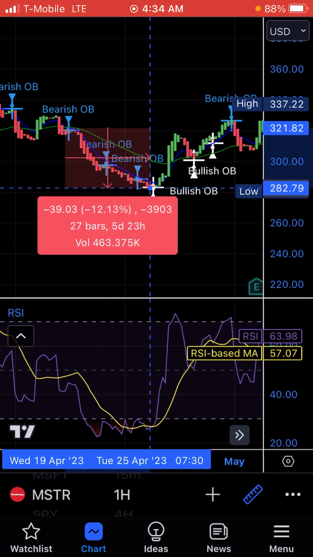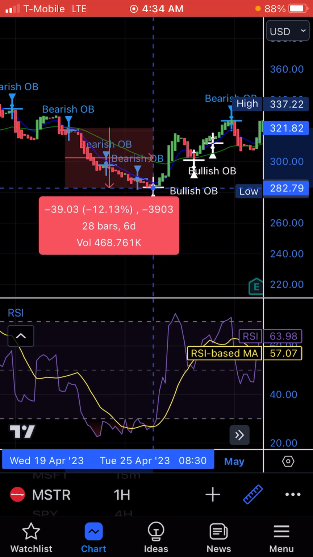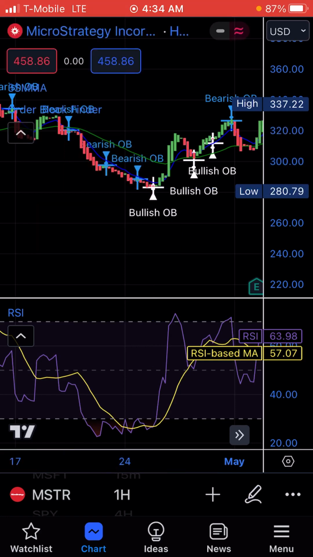You write out from here to here. This is 6 days. It's a $39 difference in price. You make $100 for every dollar that you write, so this is a $3,957 gain. So anyway, you can see that trading with MicroStrategy is a pretty good way to make money.